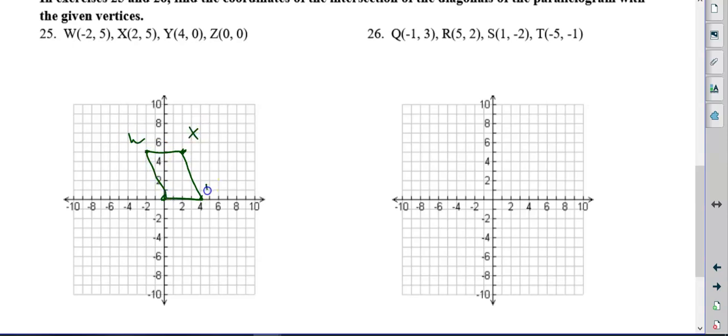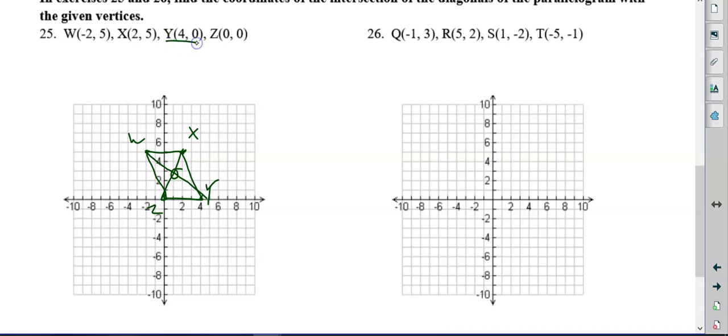W, X, Y, Z. So remember, the diagonals are going to bisect each other. I'm just poorly drawing this. And it's not going to end up perfect, but it's right in there. Okay? So it's the midpoint of either X and Z or Y and W. Doesn't matter.